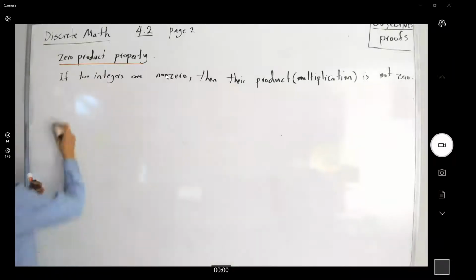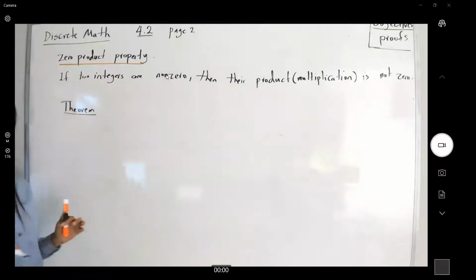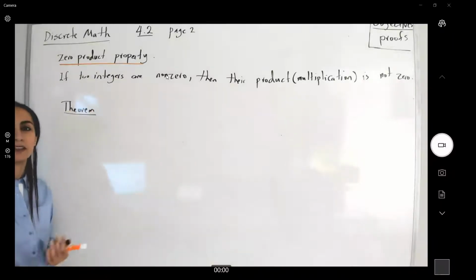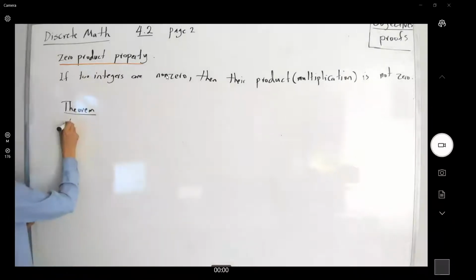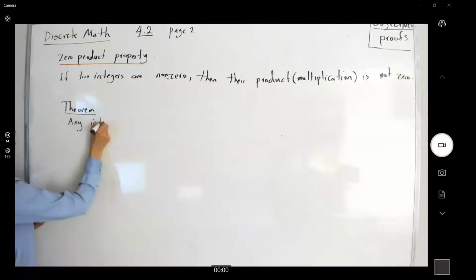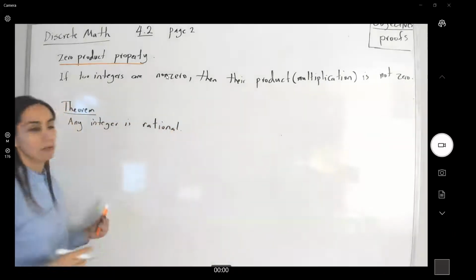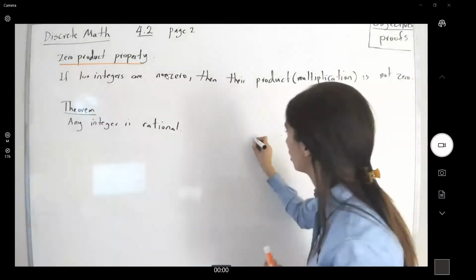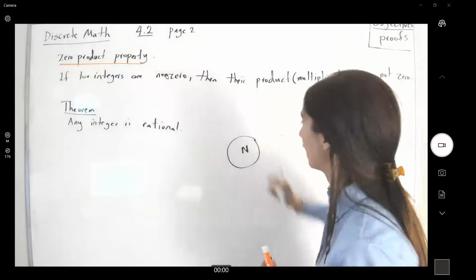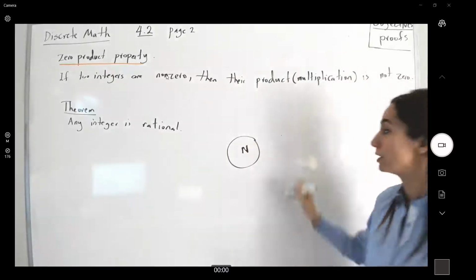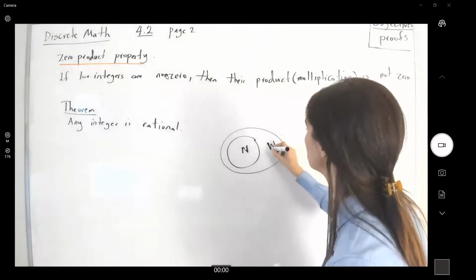You saw this theorem before. Just noting these down: any integer is actually a rational number. Any integer is rational. In chapter 1, we mentioned that we start by having N as the natural number set, counting numbers, then we expand the idea to adding 0 and having the whole number system.